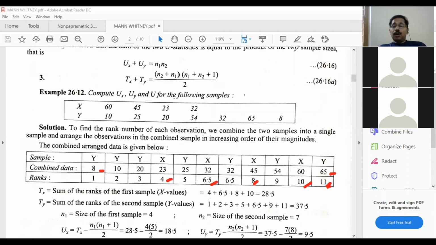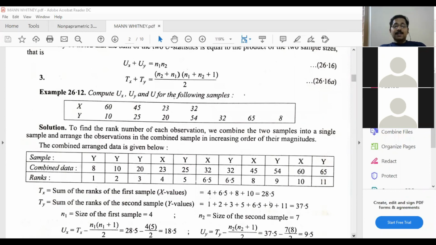So you find the ranks corresponding to the X values and add all these values, and you will get 28.5. In a similar way, you find the ranks for the second sample and find Ty. Ty is 37.5.